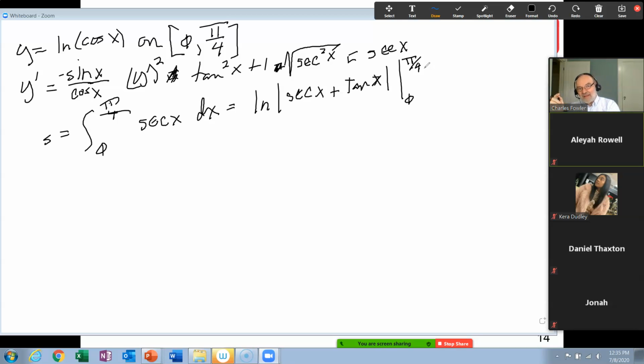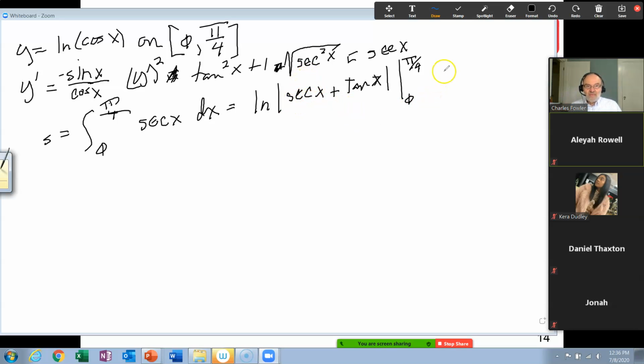But now you might, no, it'd still be okay. I was going to say that may have been a reason they only went from 0, because tangent goes negative to the left of 0, but that's okay. Secant's still positive from negative pi halves to pi halves. So you would have been okay, but we're just doing this portion here.